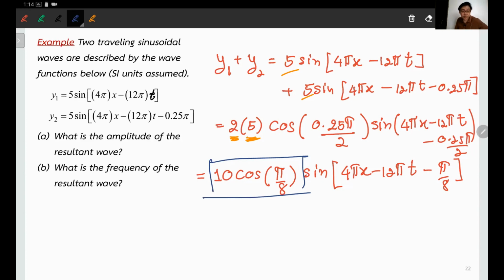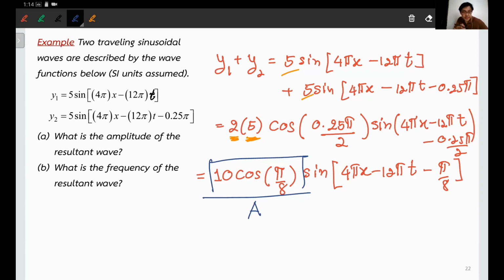Whatever comes out in the front, that's your A. Just use this as a review. You have to take the cosine pi over 8 along with it too, because 10 is now being multiplied by that cosine pi over 8. And whatever comes in the front of sine and cosine, we take to be the amplitude.